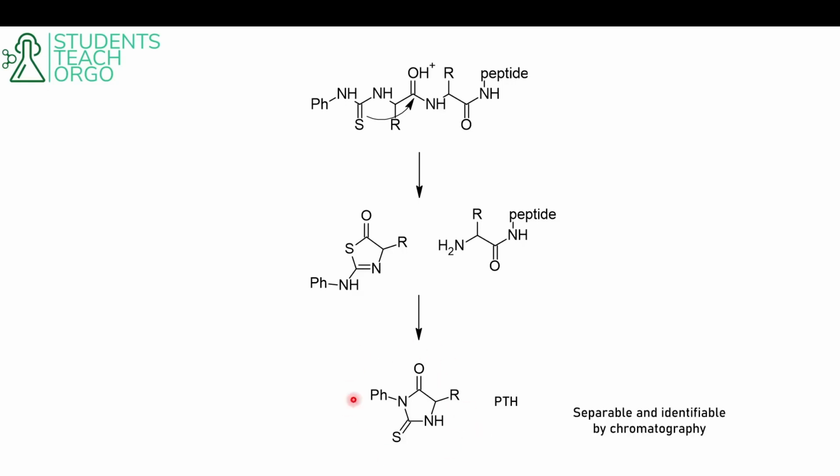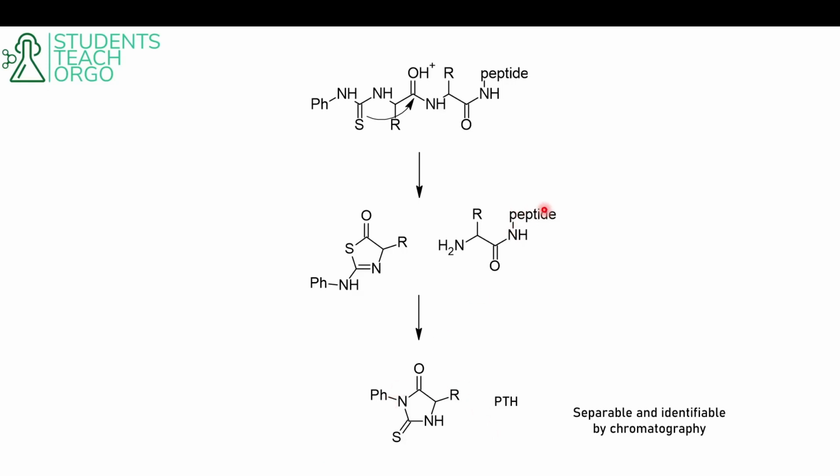And these are like free amino acids, in that we can separate them and identify what exactly they are by chromatography. So if you do this reaction with a lot of the same polypeptide at once, then it will create a lot of the same PTH at once, and that allows you to identify which amino acid was first in that chain.